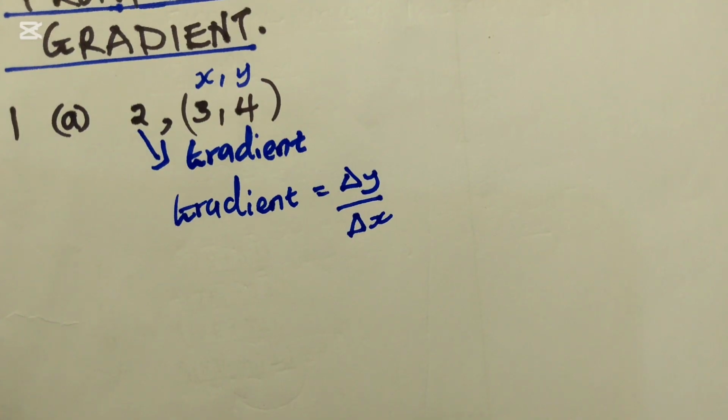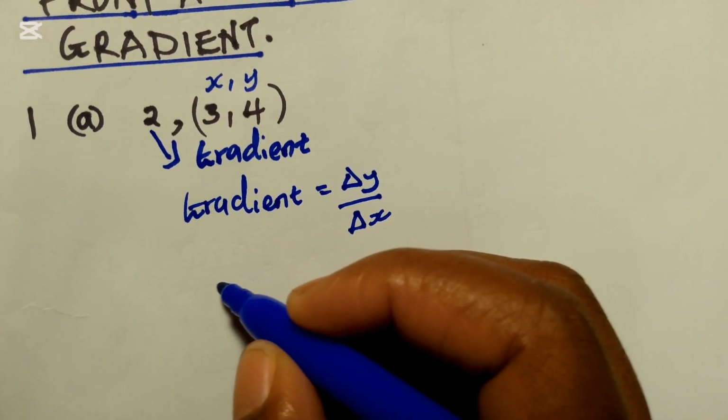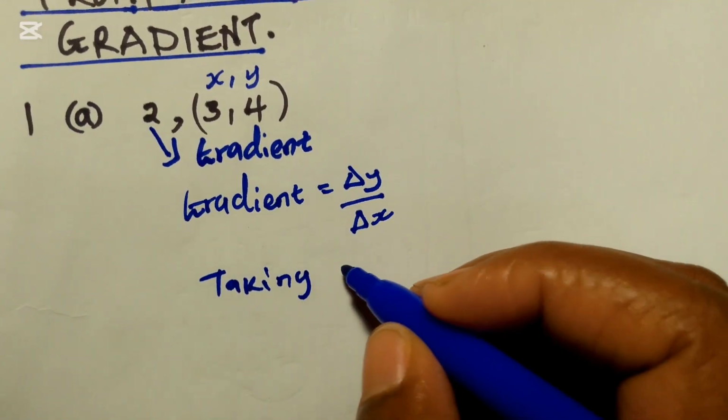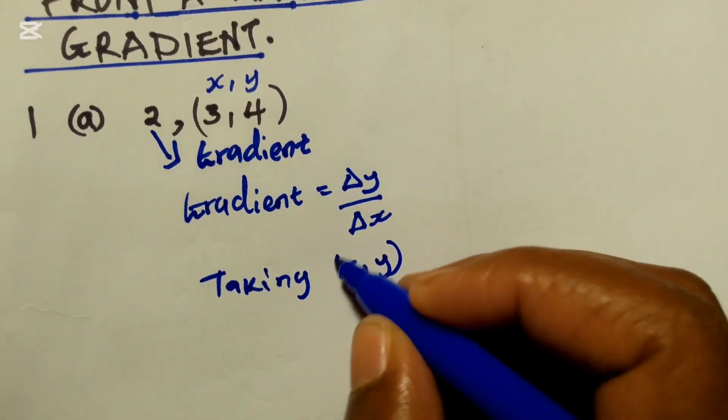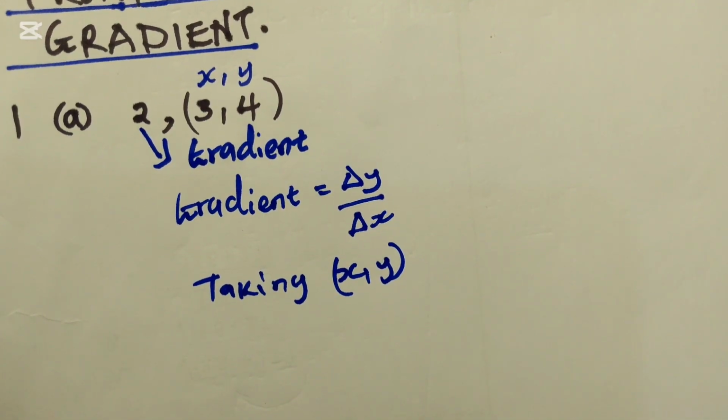We take another point, which is unknown, because we are given the known point. We take another point x, y, and this x, y is on the same line. We take any other point on the line, x, y.